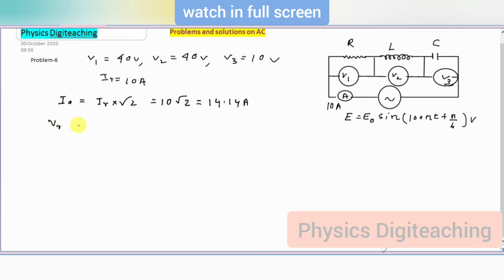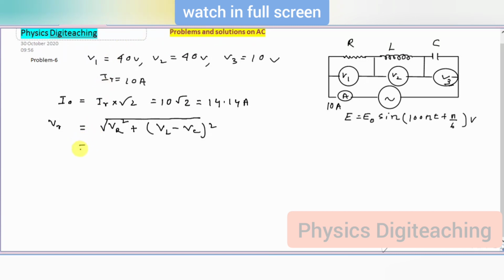V equal to under root VR square plus VL minus VC whole square, where VR is the voltage across resistance. For series LCR circuit, the total RMS voltage is given by this equation.